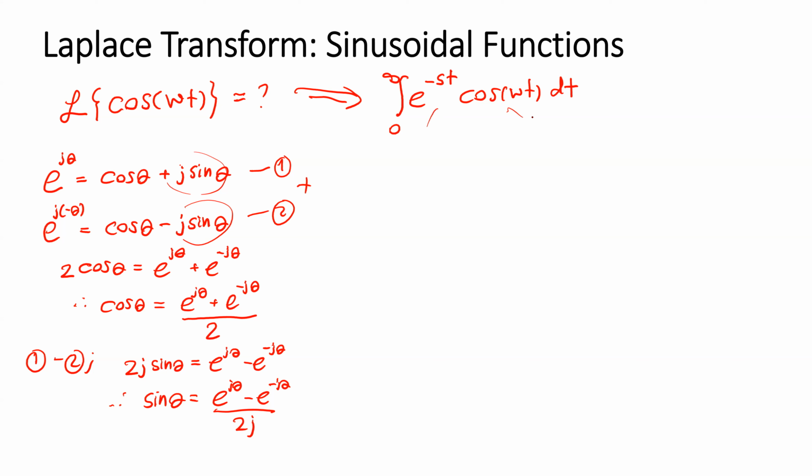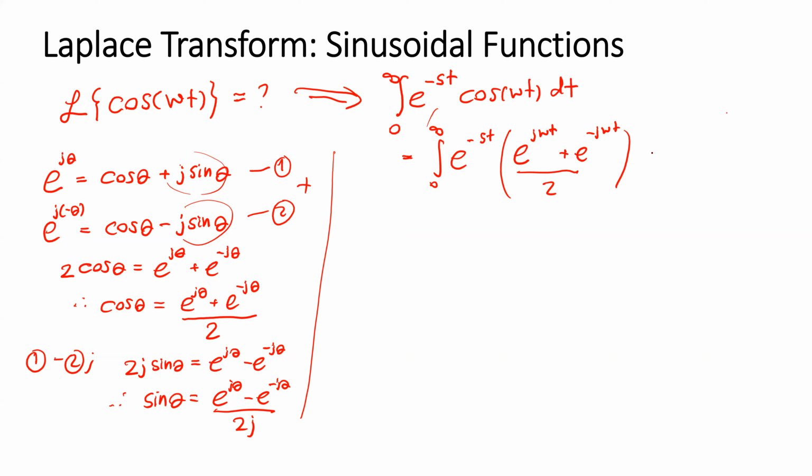But if you apply the trick of the Euler identity, maybe we can simplify the problem. Cosine omega t is going to be e power j omega t plus e power minus j omega t divided by 2, dt.